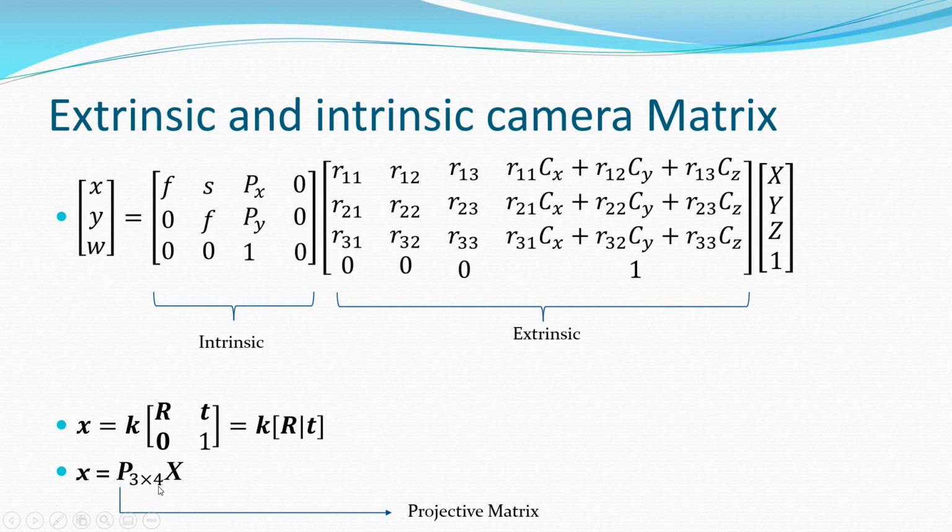Hence this is a 3x4 matrix, and this is what we call a projective matrix. Why the term projective? Because you are projecting the 3D world coordinates onto a 2D image plane. So this is the projection matrix that gives you the relation between the 3D world coordinate and the 2D mapping.